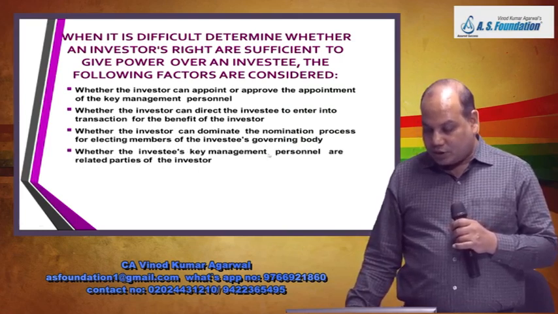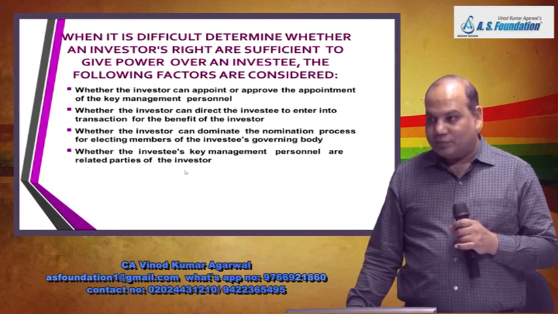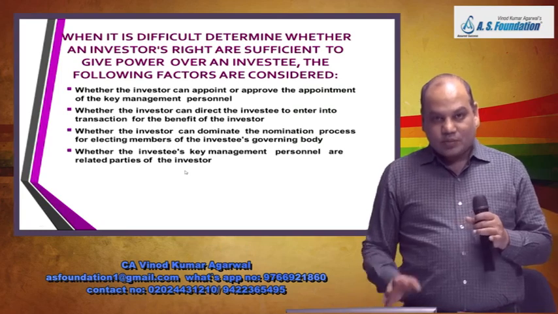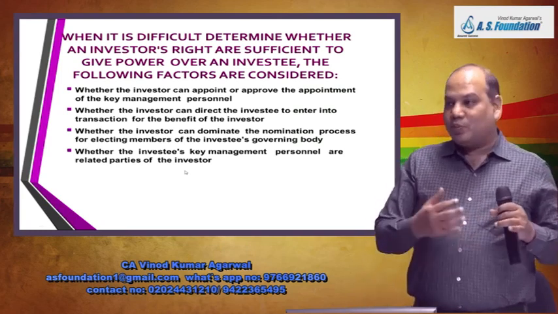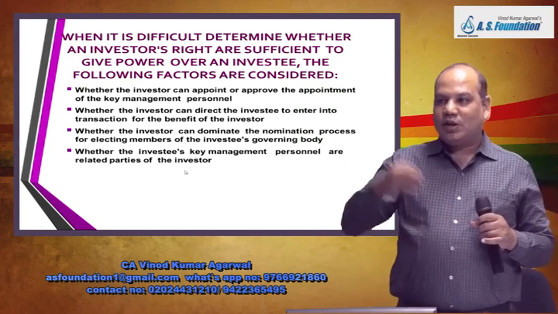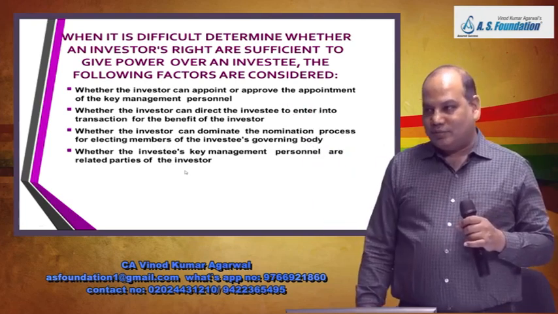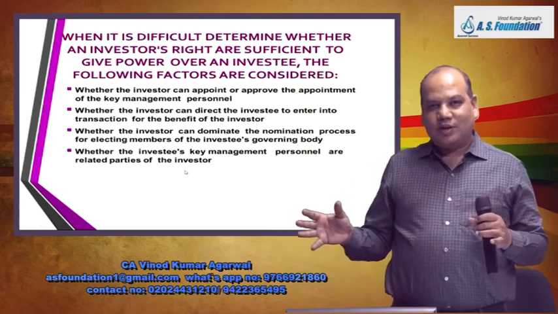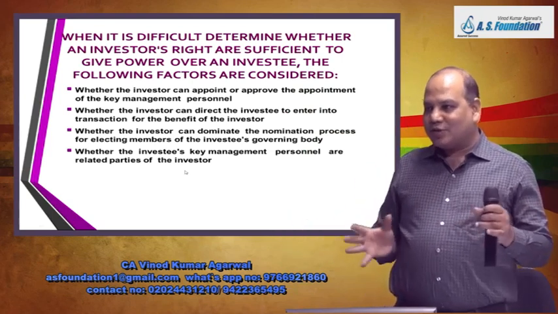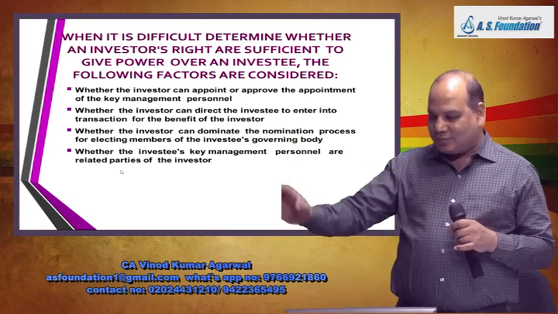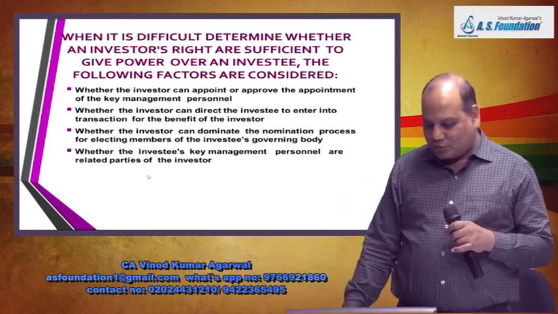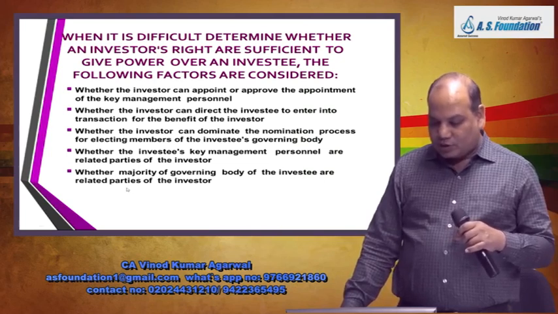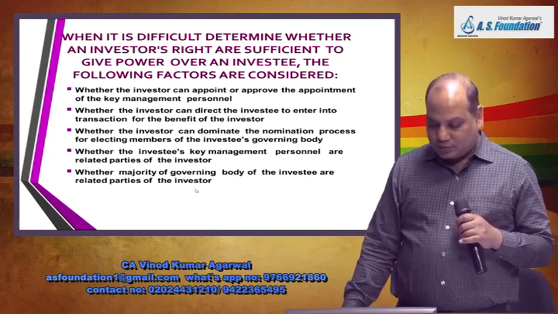And whether the investee's KMP are related parties of the investor. So many times in some companies I have seen, they put their key management personnel as directors in the other company. That means these directors are your brains, eyes and ears, and they are just instructing the subsidiary company as you want them to instruct. And whether the majority of the governing body of the investee are related parties of the investor.